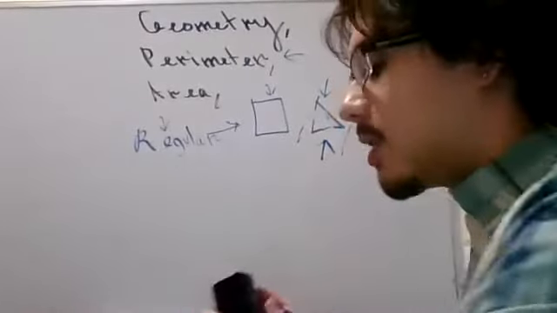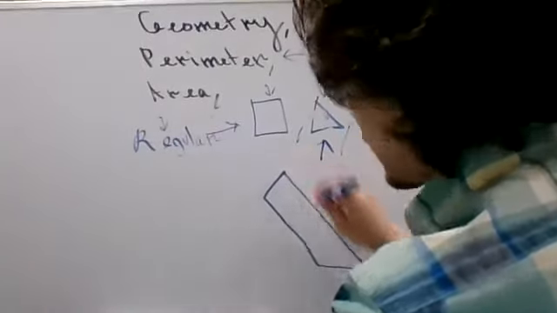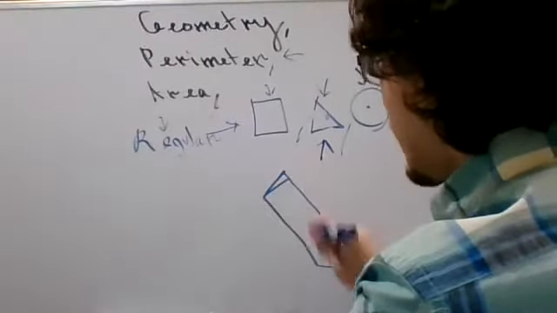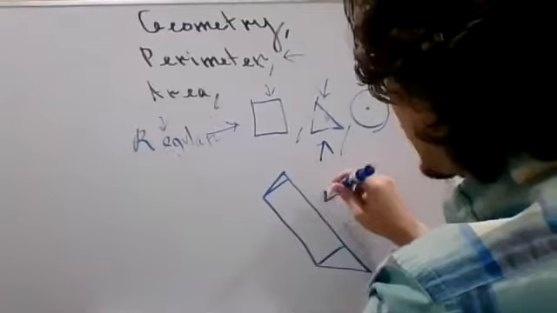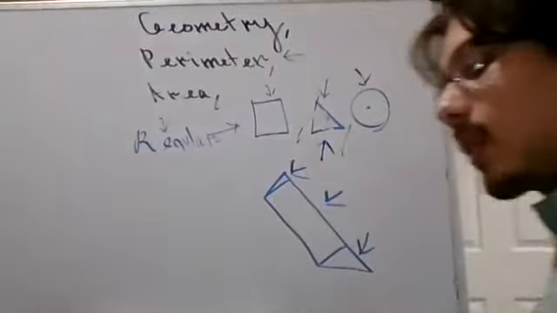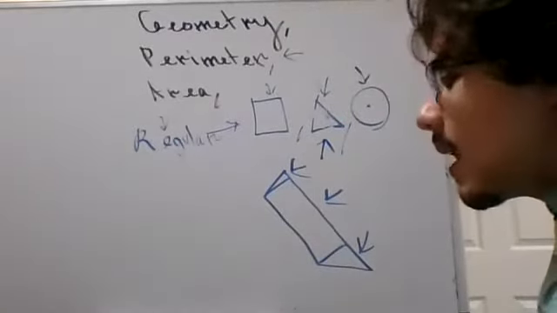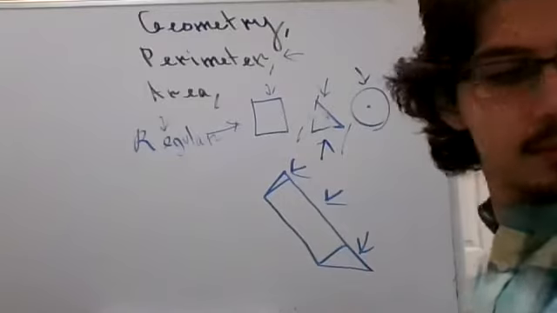And if we go back to the weird shape I drew before, you divide up this shape into a rectangle and 2 triangles. And this would be known as a trapezoid. Any questions so far?